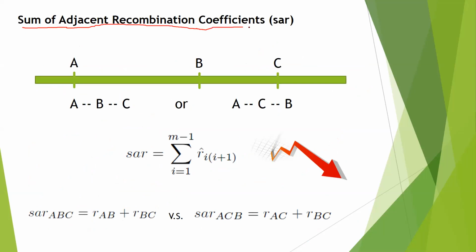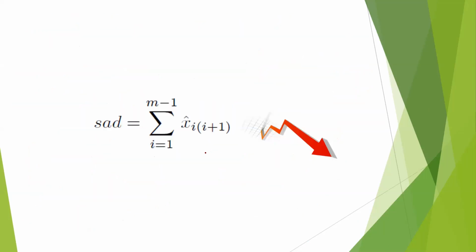So, since we can use the SAR, which is the sum of the adjacent recombination frequency, which is R, we can also use X. What is X here? Number of crossovers. Yes, this is the additive measure. We can also use this criterion to find the right order.